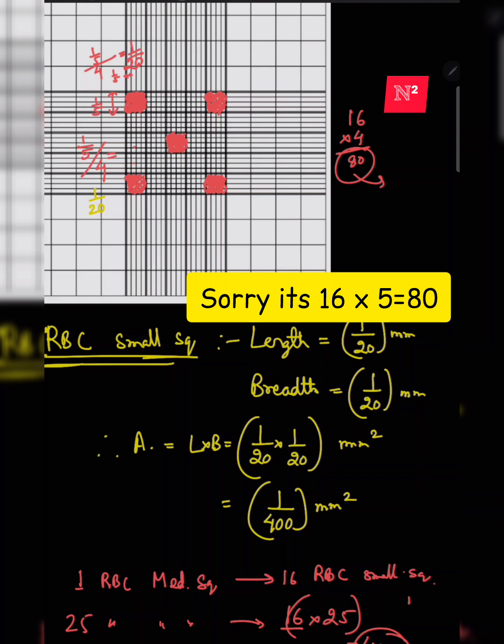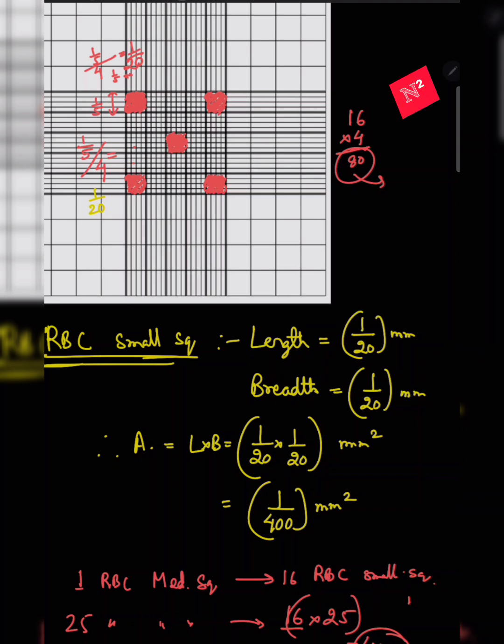So in actual practice, if you want to do the RBC counting, you have to count the 5 RBC medium squares, 4 peripheral corners and 1 central RBC medium square, and all the small squares that are present inside these medium squares.